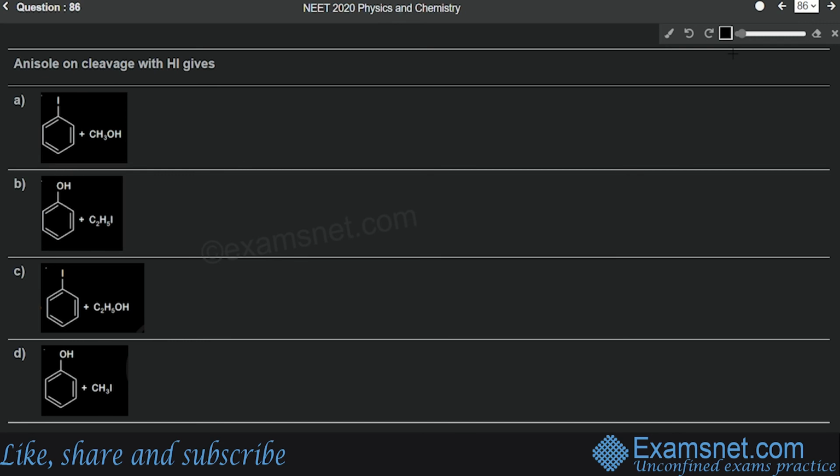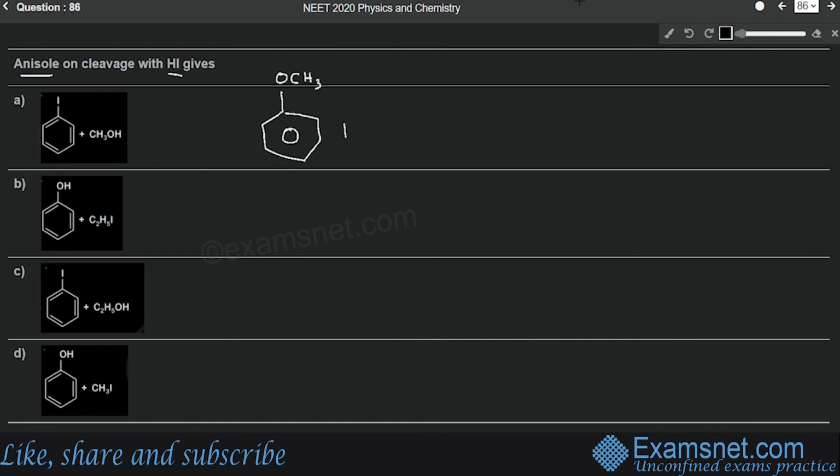Question number 86 is from the chapter Alcohols, Phenols and Ethers, and the question is anisole on cleavage with hydrogen iodide gives. So what is anisole? It is methoxybenzene. This is the benzene ring and this is the methoxy group, that means OCH3.